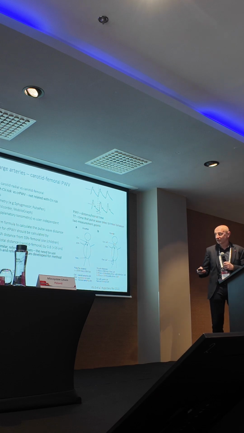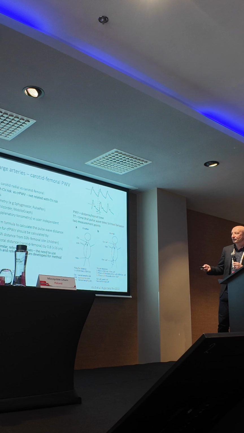Most often used in pediatrics is this formula, where we calculate the distance from the cuff on the carotid artery to the suprasternal notch, from the suprasternal notch to the umbilicus or femoral artery, and then subtract the first distance from this one.